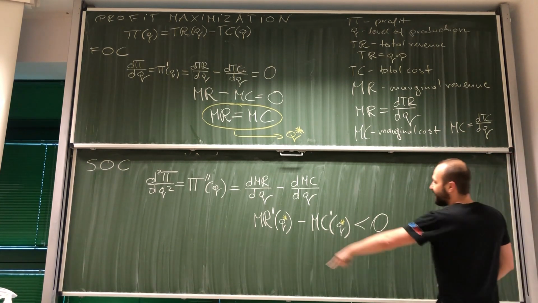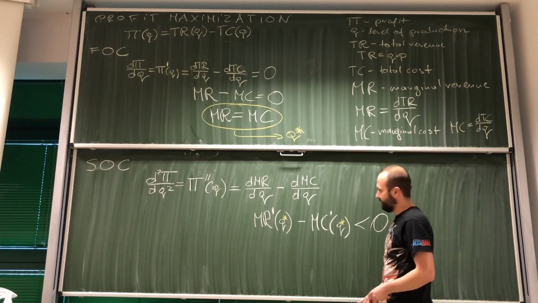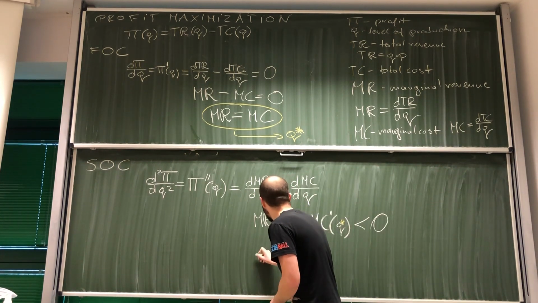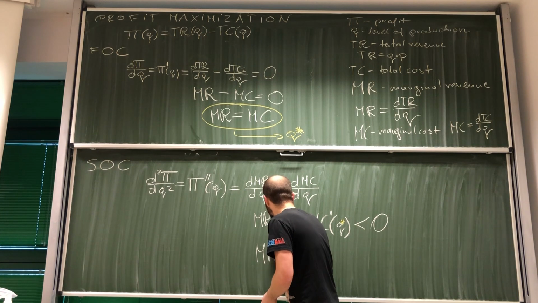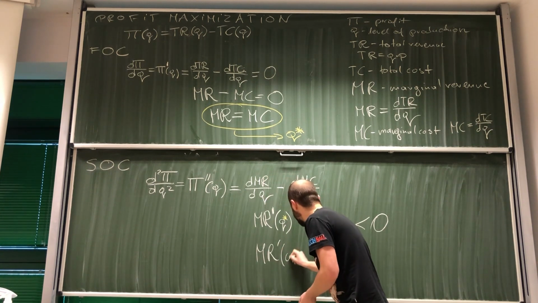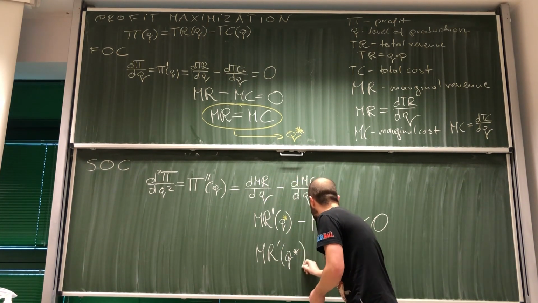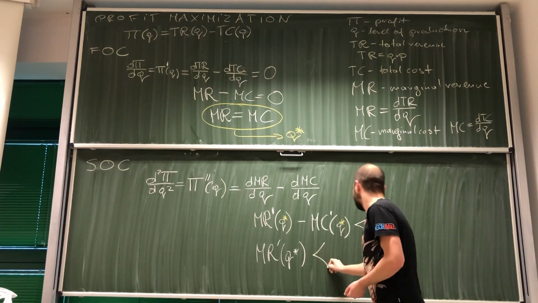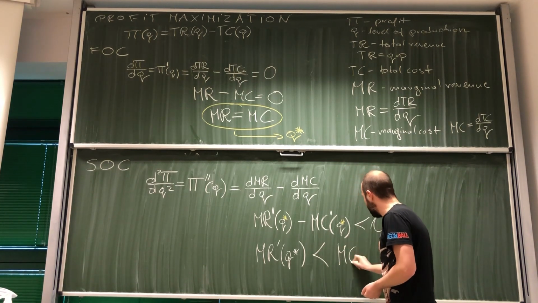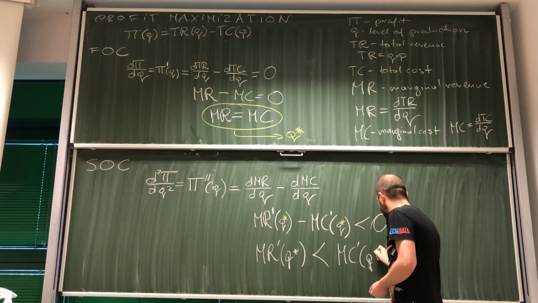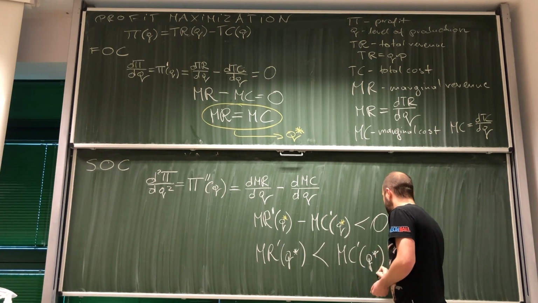I can transform this a little bit, and I get that marginal revenue prime at q with asterisk should be smaller than marginal cost prime at q with asterisk at this particular point.